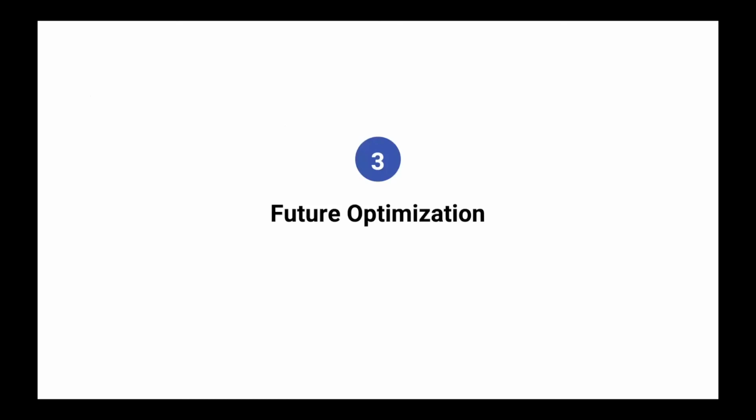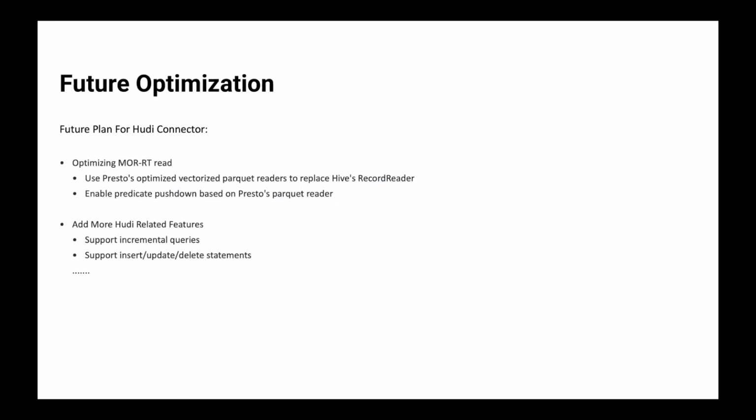In the third part, I will introduce some future optimizations on the Presto side. Firstly, for the Hudi connector, we will continue to optimize the MOR table.